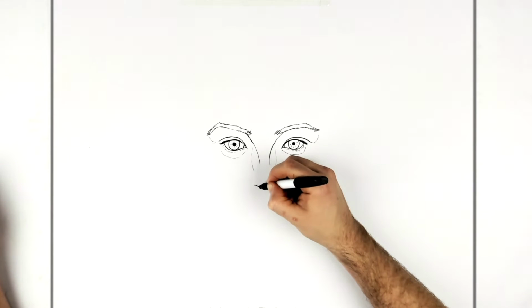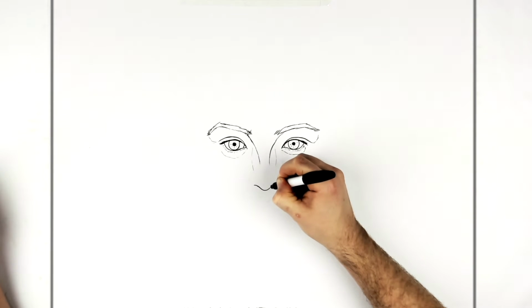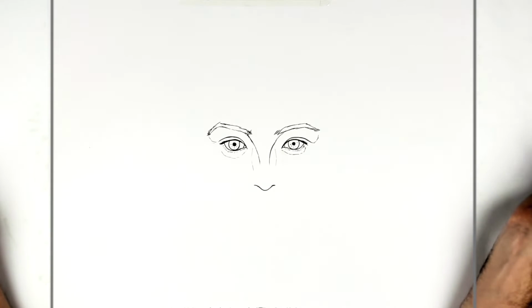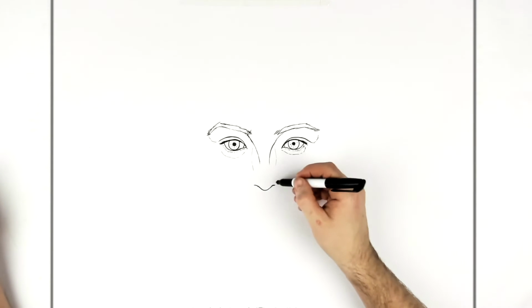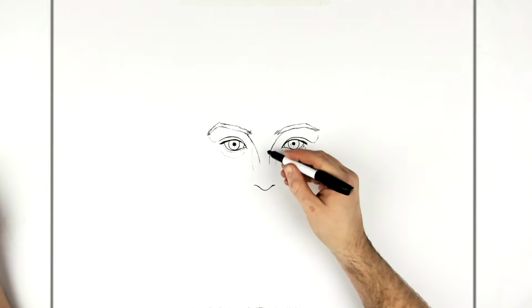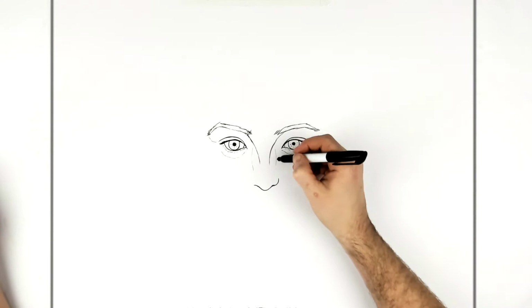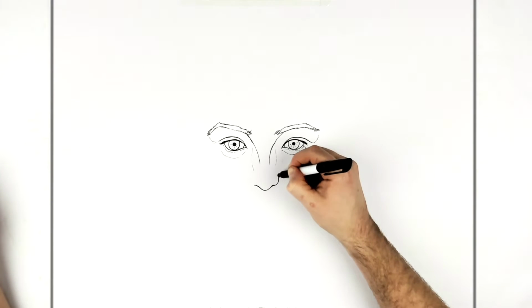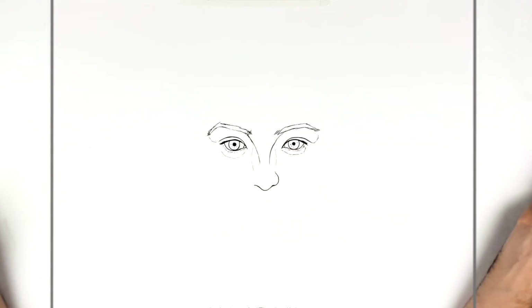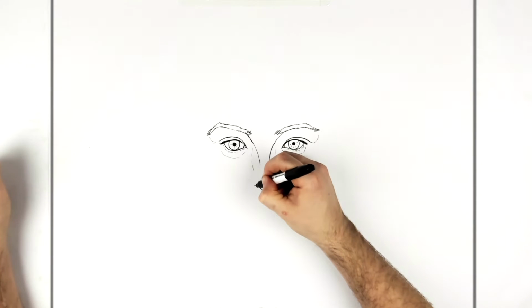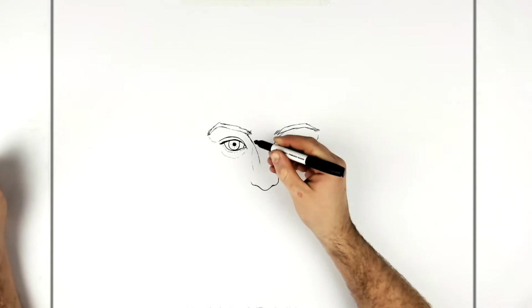So it comes down, around and up, like so. And she doesn't have big nostrils or anything, so it just goes around here. Sort of up like that, right? And same on the other side.